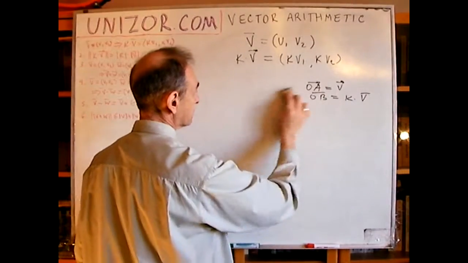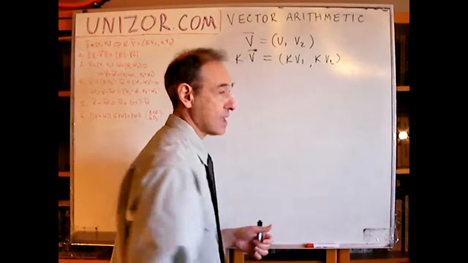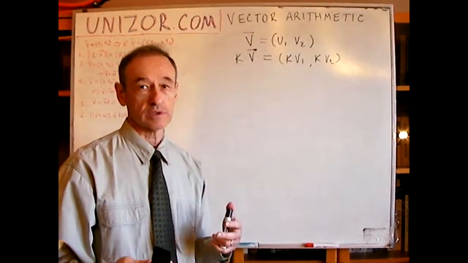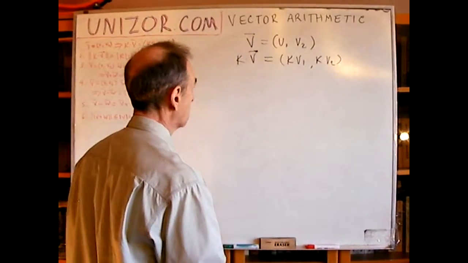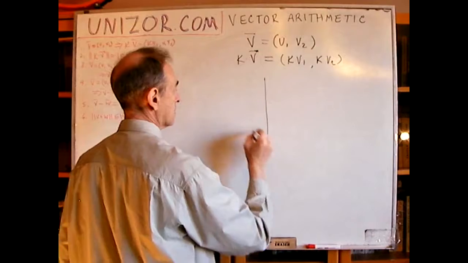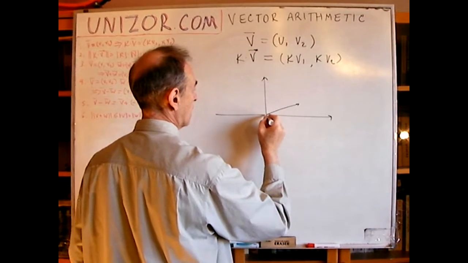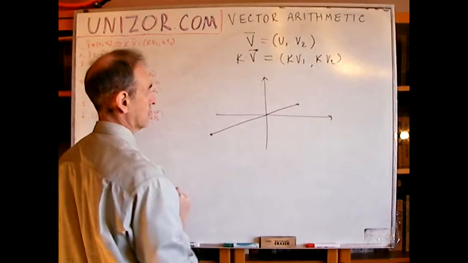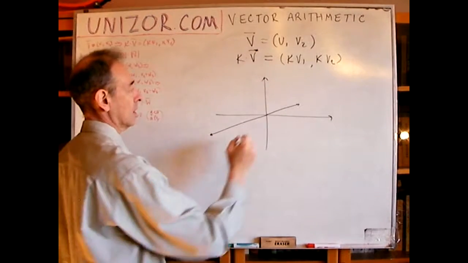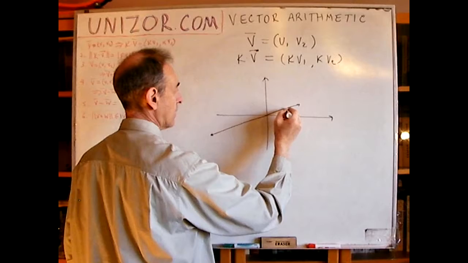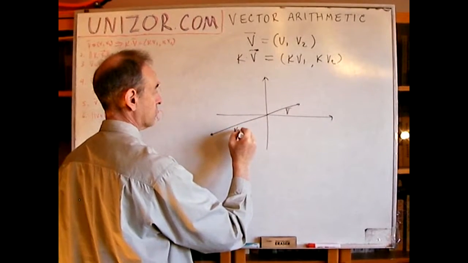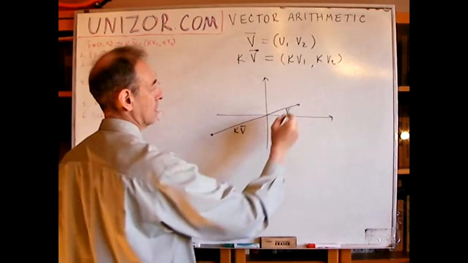Now, for a negative k, the situation is absolutely the same, because all it does is reverse the picture towards the other direction. So if this is v vector, then this would be multiplication by negative k.